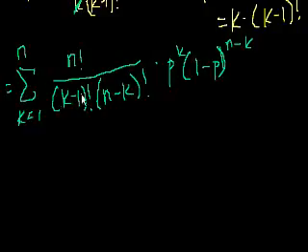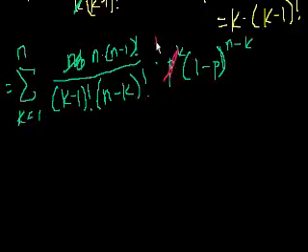So let's see if we can factor out an n times p, and then turn everything else into a 1, and then we would be done. We can rewrite n factorial using the same trick: n factorial can be rewritten as n times n minus 1 factorial. And p to the k can be rewritten as p times p to the k minus 1.